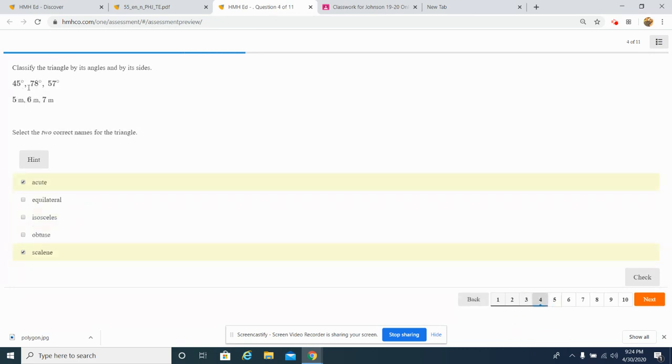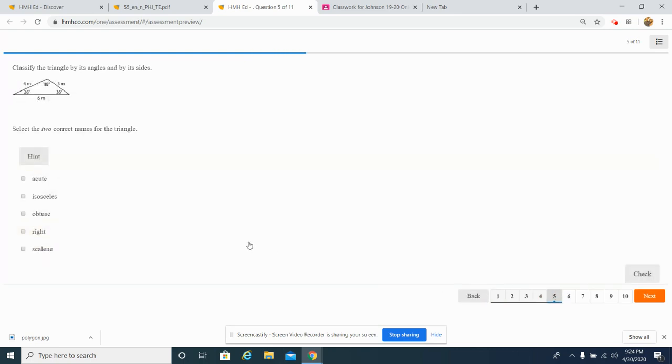Looking at this one, classify the triangle by its angles and by its sides. Well, we've got a 45-degree angle, a 78-degree angle, and a 57-degree angle. Do any of them go over 90 degrees, or are any of them 90 degrees? They're not, so we automatically know it's acute. And then the sides are 5, 6, and 7. Those are three different lengths, so I know it's scalene.